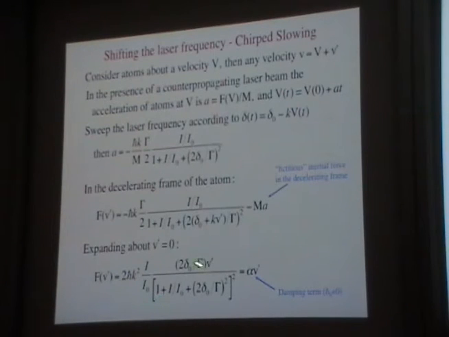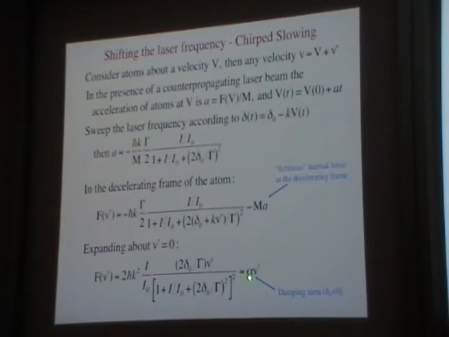Now if I ask what the average force is acting on the atom about this velocity, I can expand about v prime equal to 0, and I find that the average force looks like this. And basically, if you expand it about v prime equal to 0, you find that it actually results in a damping force. So the average force acting on the atom in this moving frame looks like a damping force.